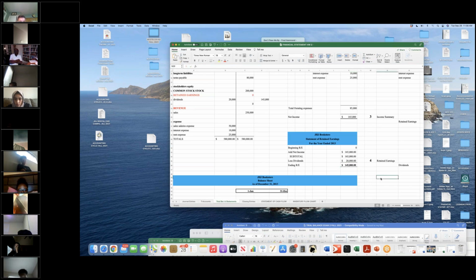Are there any questions on the statement of retained earnings? As we see, we have a positive amount. We made 165, we paid out that. So that's a key metric in terms of us looking at the financial statements. What happened to the retained earnings?